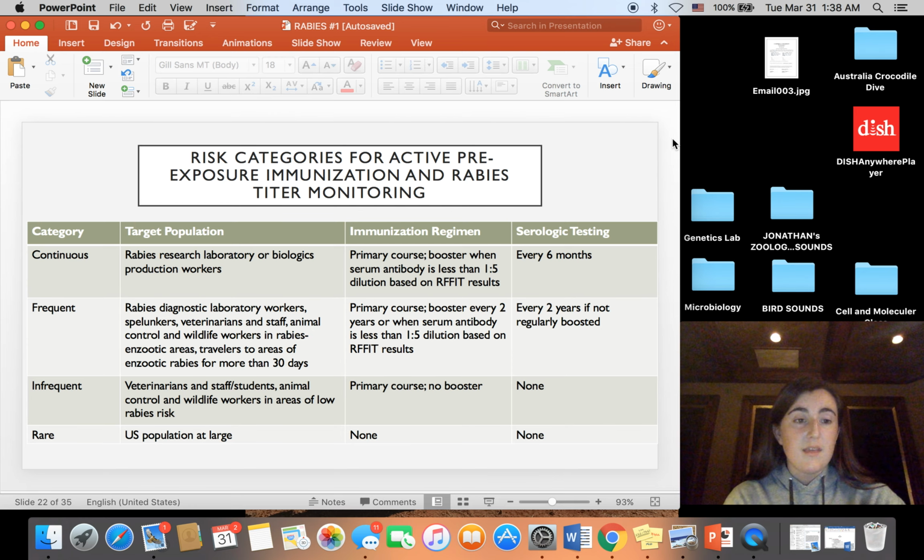And for the continuous category, it's basically for people who are constantly around animals that have the rabies disease. For them, you need the booster, and then you also probably need to get the rabies vaccine with it, and you need to get testing for rabies every 6 months.